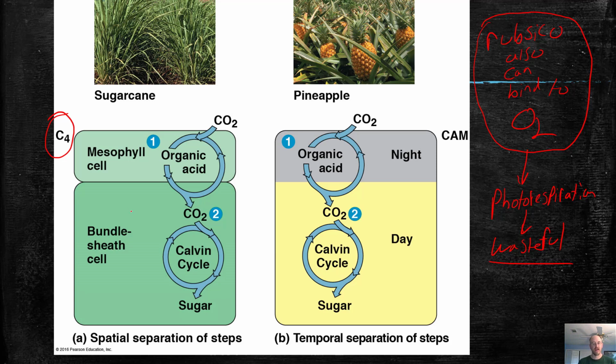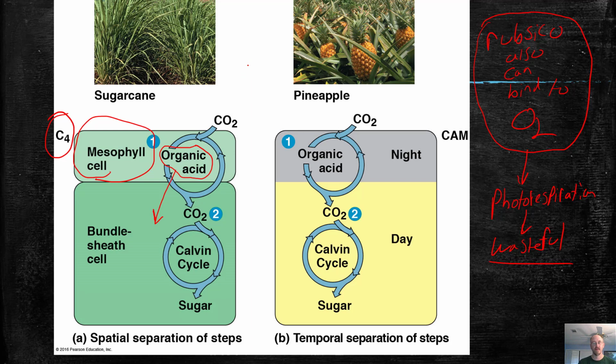Why? Because the light reactions, which take place in the mesophyll, that's where CO2 comes in, right? It's actually going to be stored as an acid. Instead of just used directly, it's going to be turned into an acid, a molecule that's bigger and can be transported easily, and it's going to be pumped into the bundle sheath cells.